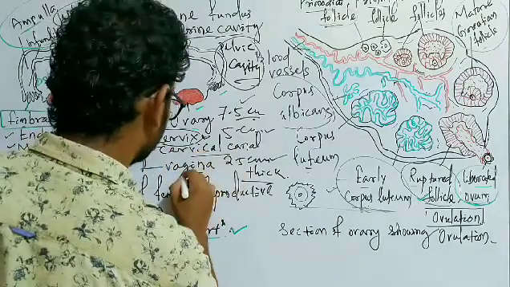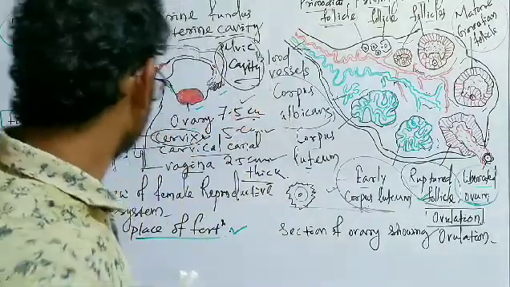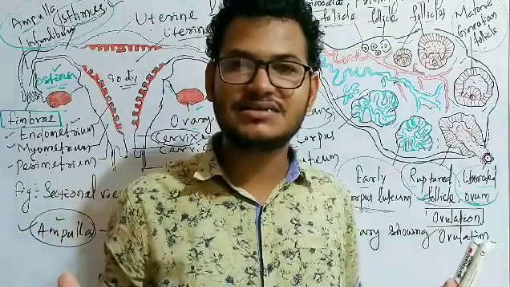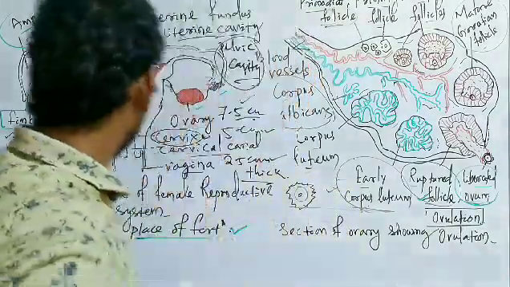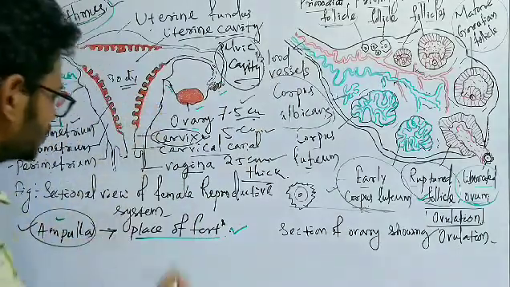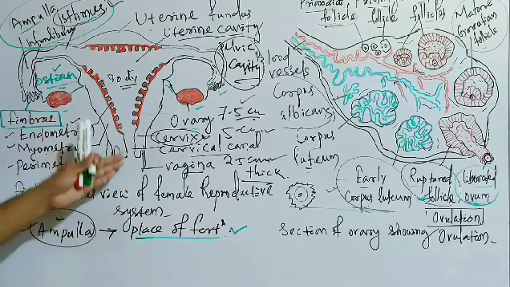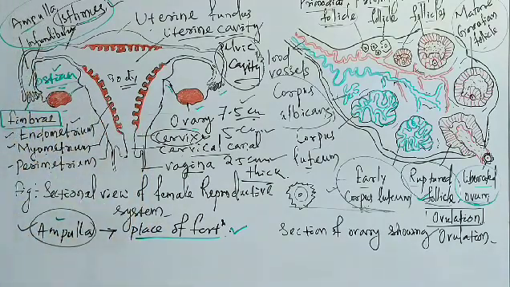Remember, this cervical canal and vaginal canal together form the birth canal, through which the well-developed child ready to come out is delivered, and through which the child takes birth.